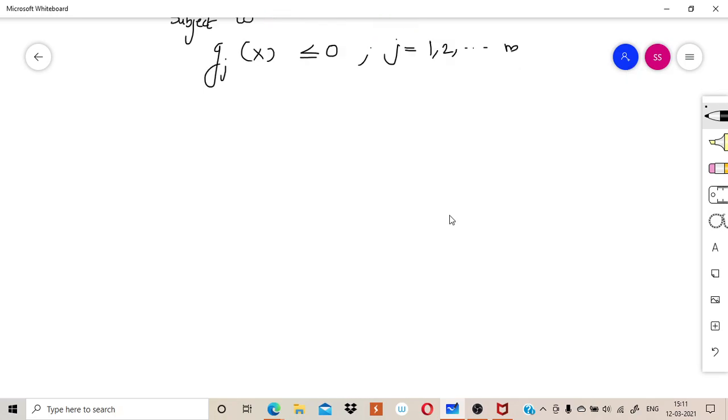Now we will discuss one of the methods of solving the CPP, convex programming problem. That method is known as the exterior penalty function method. This method is used for solving general nonlinear programming problems.